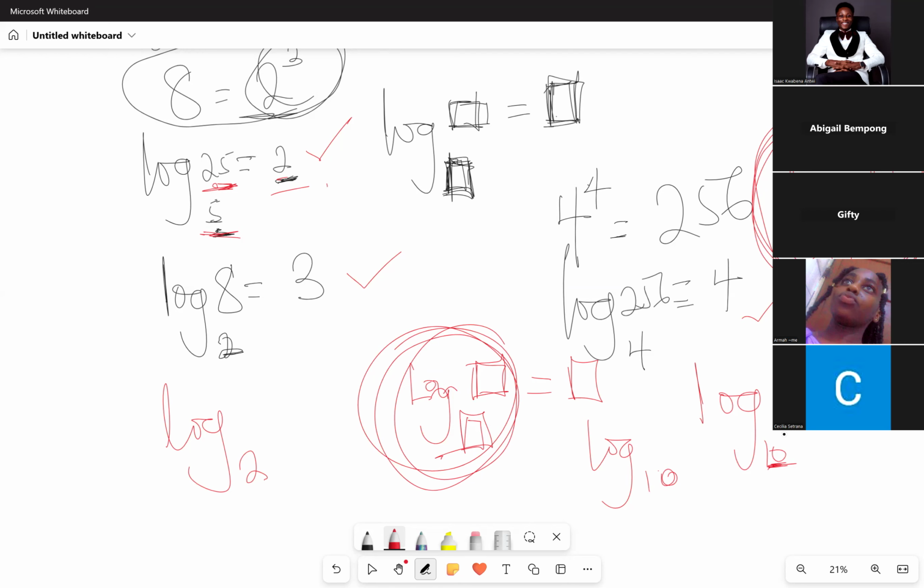It's from 2 onwards. And log to the base of 10, we usually don't write it. In other words, if you see a log with no base, it means 10.